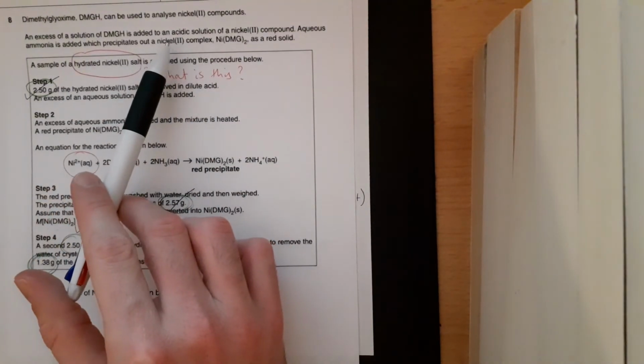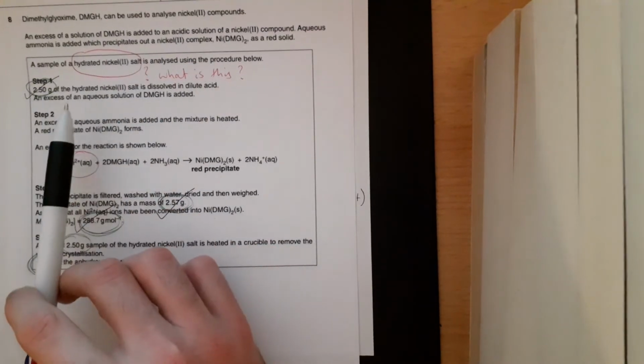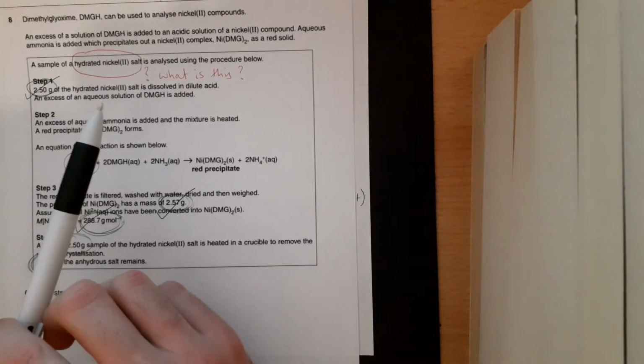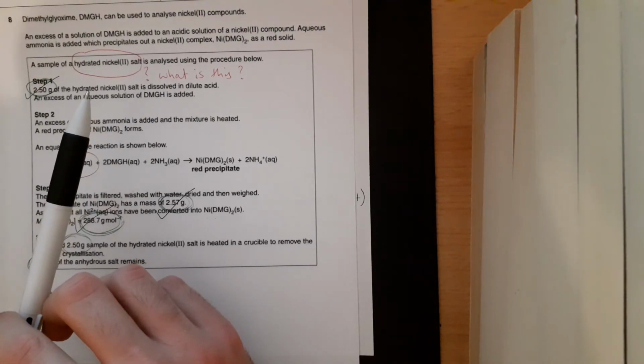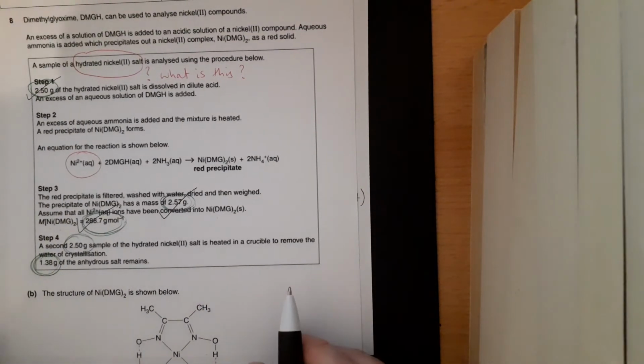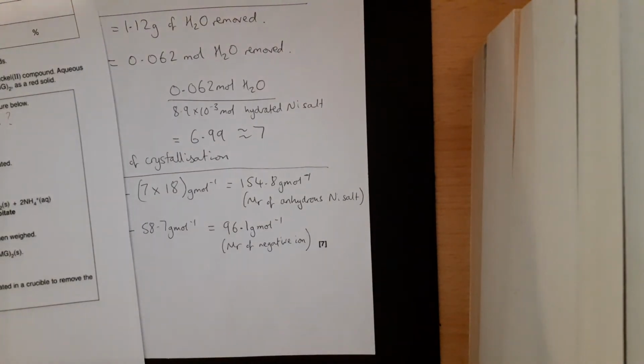Right, this can be used to analyse nickel compounds. Acidic solution. Okay. This is a bit of a horrible question, really. I'm just looking at the mark scheme in the background here and thinking, how are you supposed to work out from there what this negative ion is?